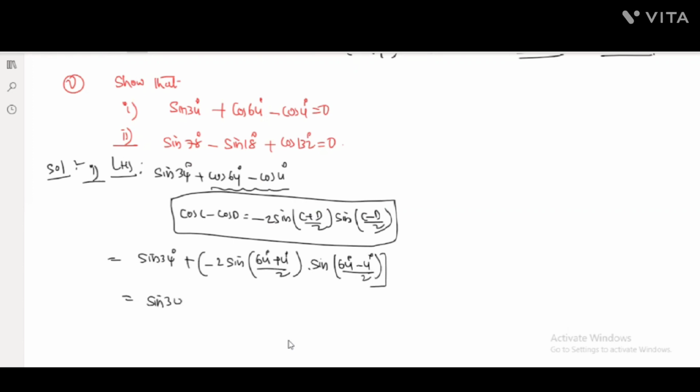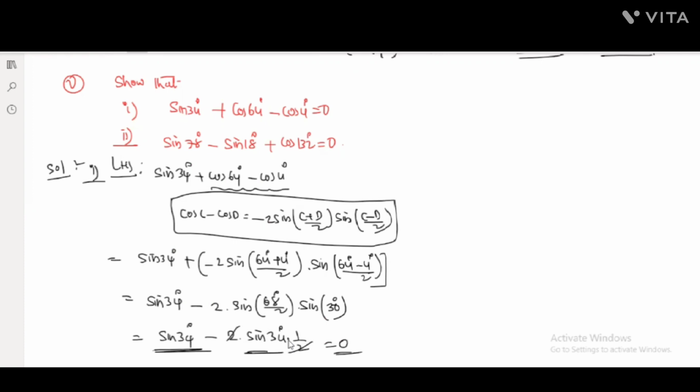So sine 34 minus 2 into sine of 64 plus 4, meaning 68 by 2, into sine of 60 by 2, meaning 30. So what we will get here? Sine 34 minus 2 into sine 34 into 1 by 2. So these two get cancelled. Sine 34 minus sine 34 is equal to 0. So this is the first question.